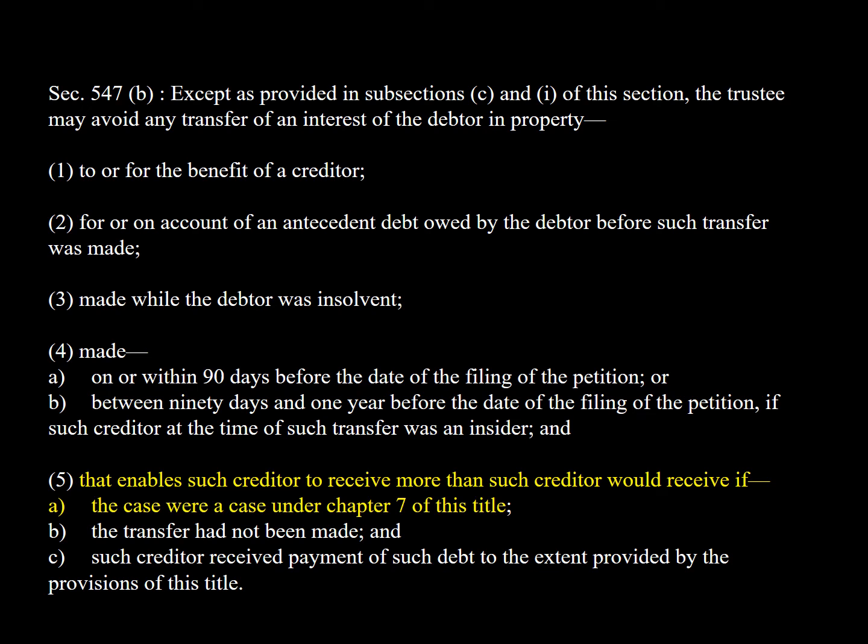No one's getting an unfair advantage by being paid. The bank is not getting an unfair advantage by being paid before the bankruptcy. Why? Because it would have been paid in full after the bankruptcy. It would have had a lien. It would have been a secured creditor. So that's the issue.